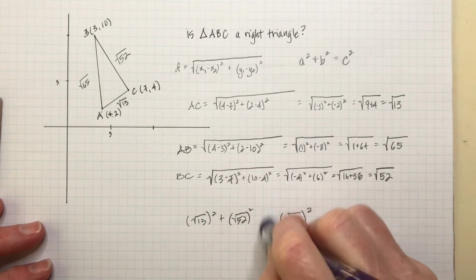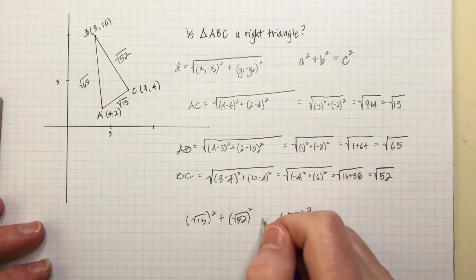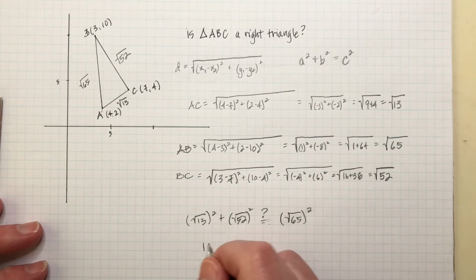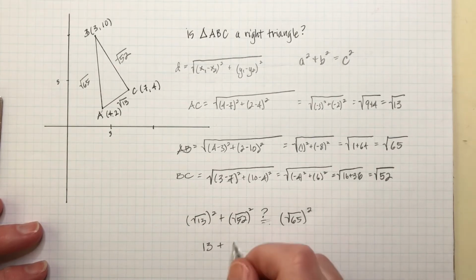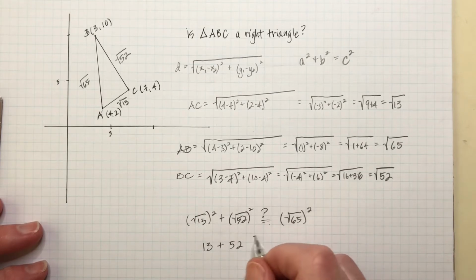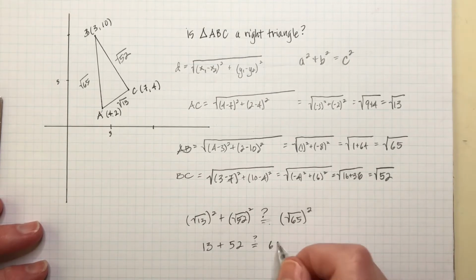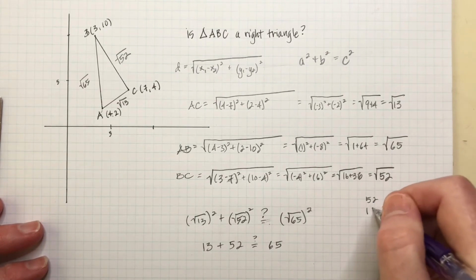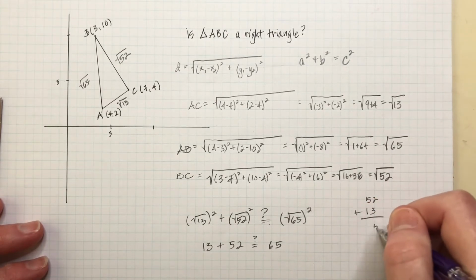And what we're really saying is, does it equal 65? Now, when we square each of these quantities, squaring the square root of something just gives us whatever was inside. So that's 13, that's 52. And we're saying, does that equal 65? Well, we can just do the addition right over here, 52 plus 13.